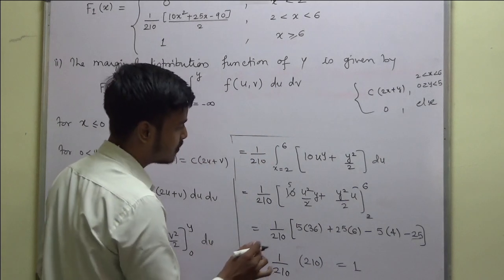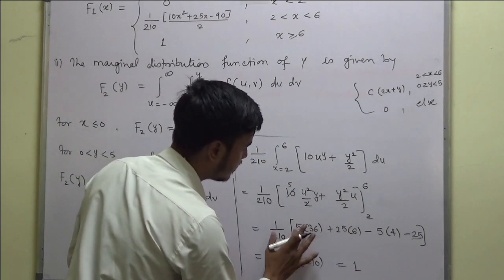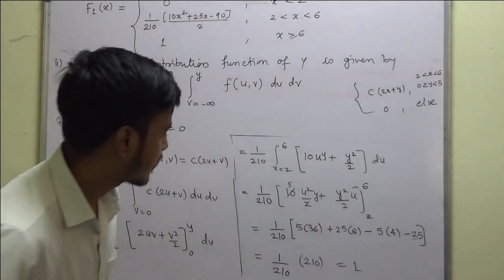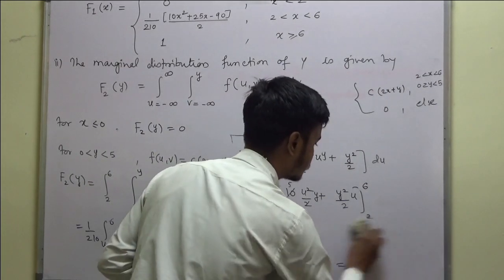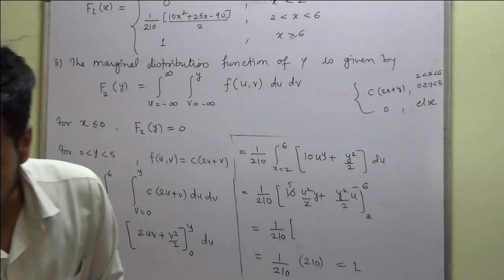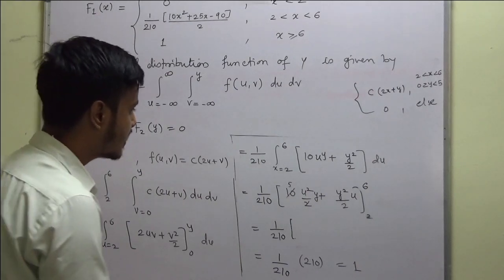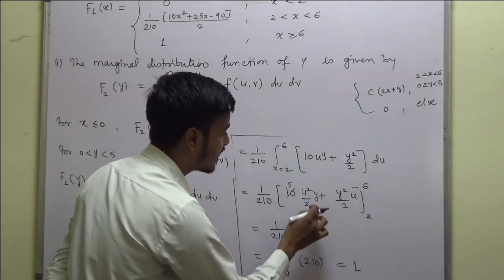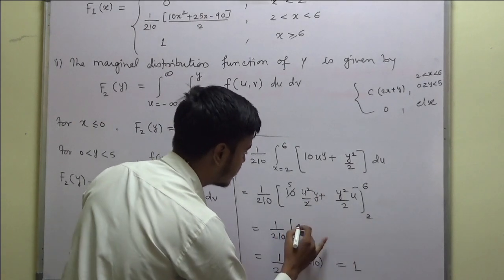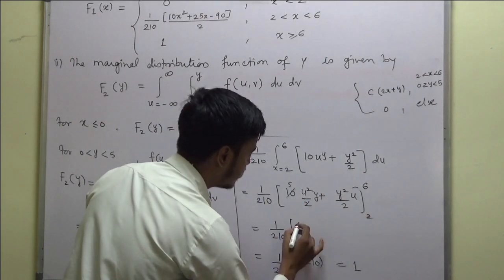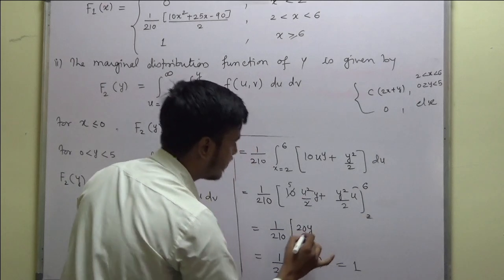Then apply the limits, upper limit minus lower limit for u. Make sure I am going correct. So this is 5 into 4, so this is 20y.